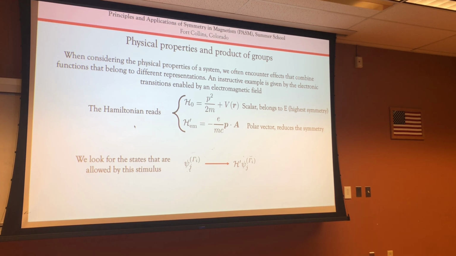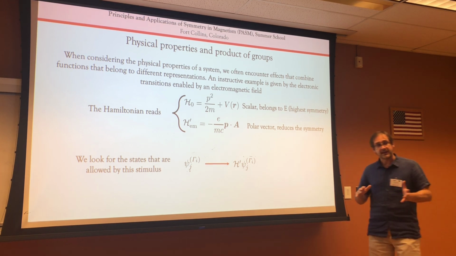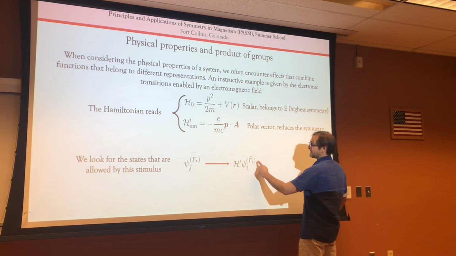And of course, what you see here is that we're going to need the representation for the initial states, the representation of the final states, and the representation of the interaction. So we're going to have to combine 3 representations. The way we're going to do that is that we're just going to focus on this product here.